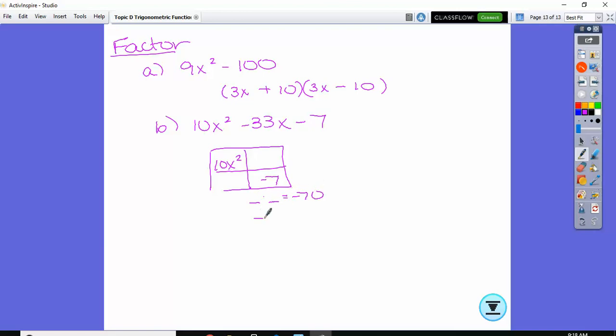So let's multiply to a negative 70, add to a negative 33. What would that be? Factor, we get 5x and 1, 2x and negative 5.